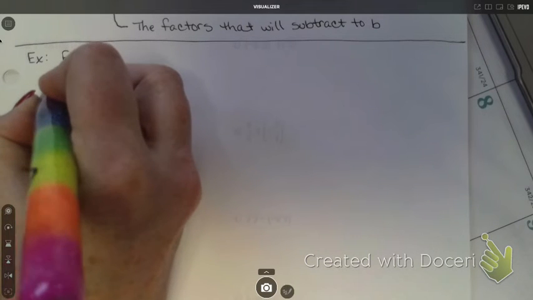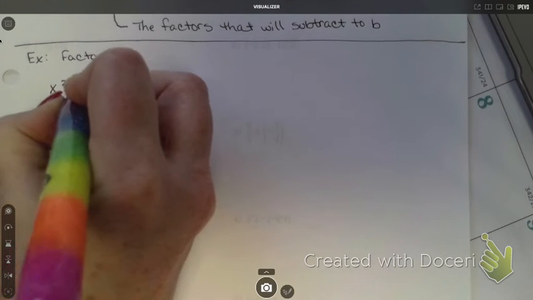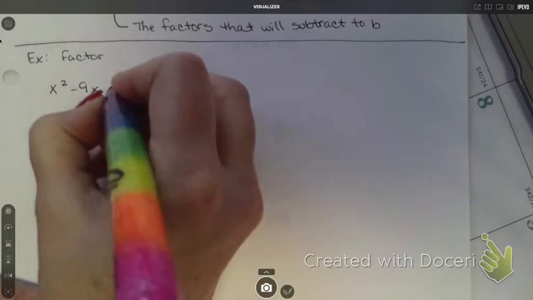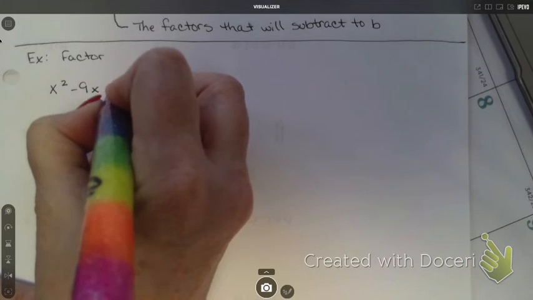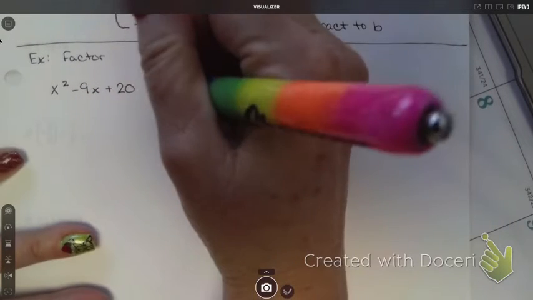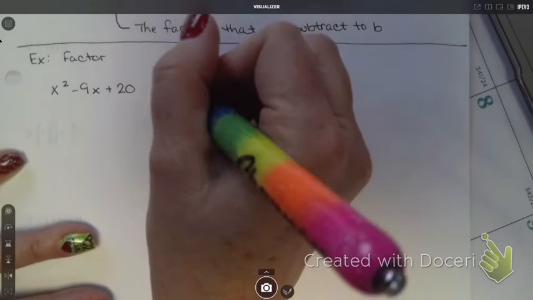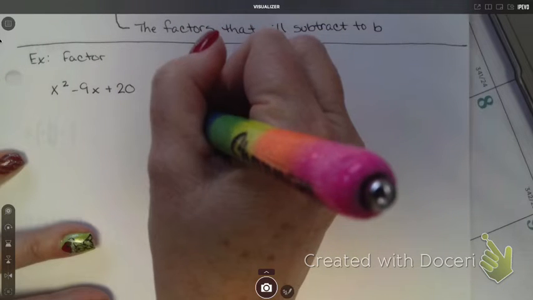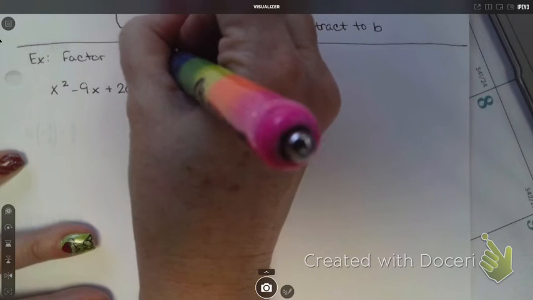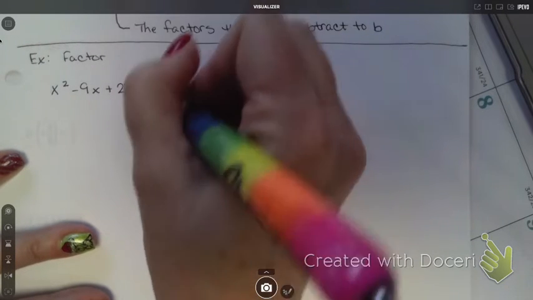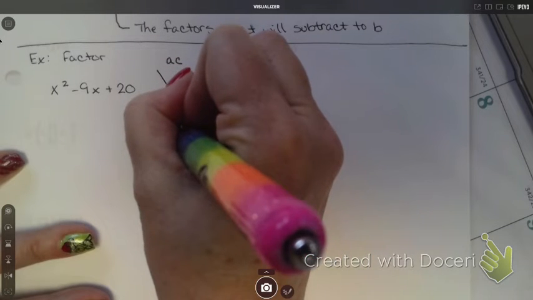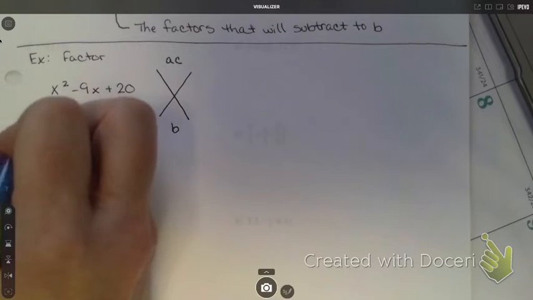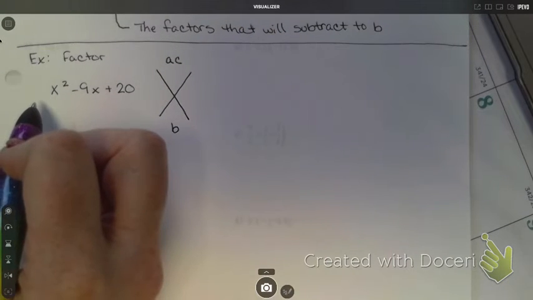So I have x squared minus 9x plus 20. We're going to make an x over here. On the top of your x, you're going to have a times c, and on the bottom, you're going to put b. So what is a? What's in front of the x squared? 1.